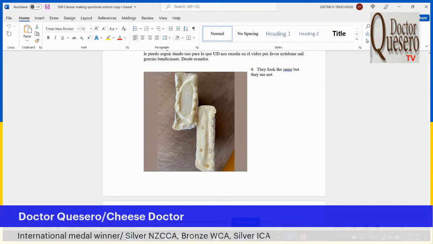So this cheese has had more time than this one. See, this one is still hard here in the center. It hasn't been attacked yet. It will be attacked eventually, and it will be liquefied eventually, but not yet. So the one on the left is younger than the one on the right.